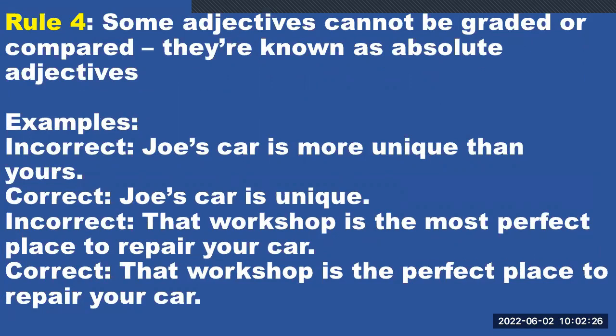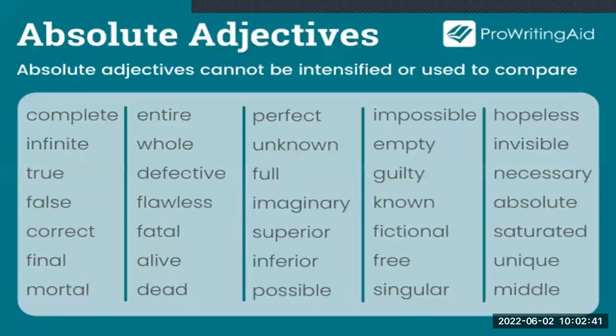If something is perfect, it has gotten to the highest degree, so you can't grade it any further. So it is correct to say that workshop is the perfect place to repair your car. Then let's take a look at other absolute adjectives. And again, you can see that absolute adjectives cannot be intensified or used to compare.